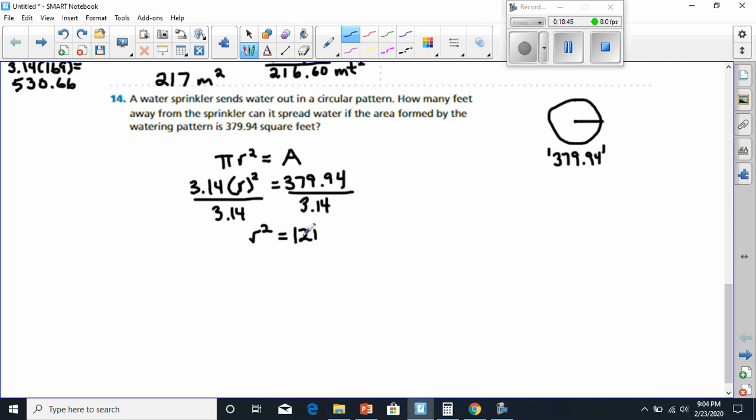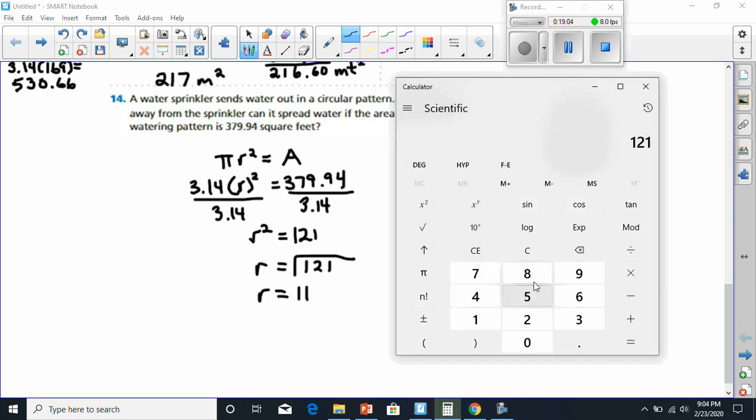Now, to get rid of the square, I have to realize that squaring something is the opposite of taking the square root. So now I have to find the square root of 121. Luckily, I know that that is going to be 11. I will go ahead and check that with my calculator. The square root of 121 is 11.